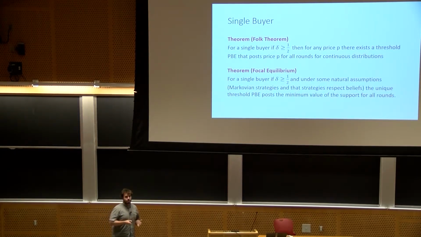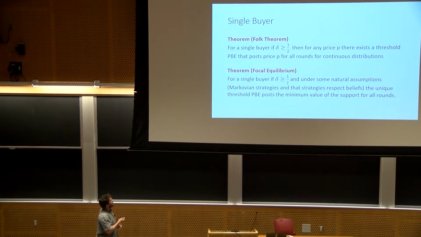What do we show for the case of a single buyer? First, we show something quite strange, that there exists a Folk theorem. So give me any price, there exists a threshold PBE that actually posts that price for all rounds for continuous distributions. Essentially, this means that the Myerson benchmark can be achieved. But this is using some extremely strange continuations.